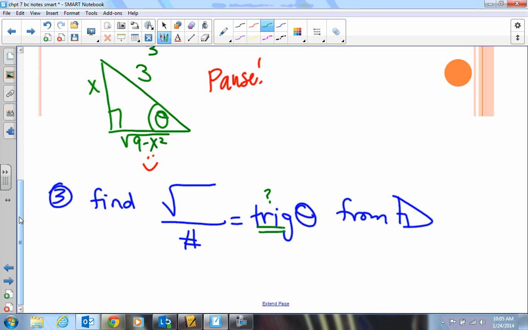In this case, my radical part is radical 9 minus x squared. My number part is 3. And what relationship is adjacent over hypotenuse in this case? So that's going to equal cosine theta. Doing okay so far?